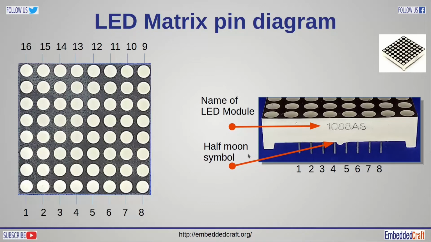One big point is how to identify the pin numbers. We need to search for the name or a half moon symbol. You will be able to find the name of the module or the half moon symbol. Pin numbers go from left to right: the leftmost pin is pin number 1, then 2, 3 and so on.